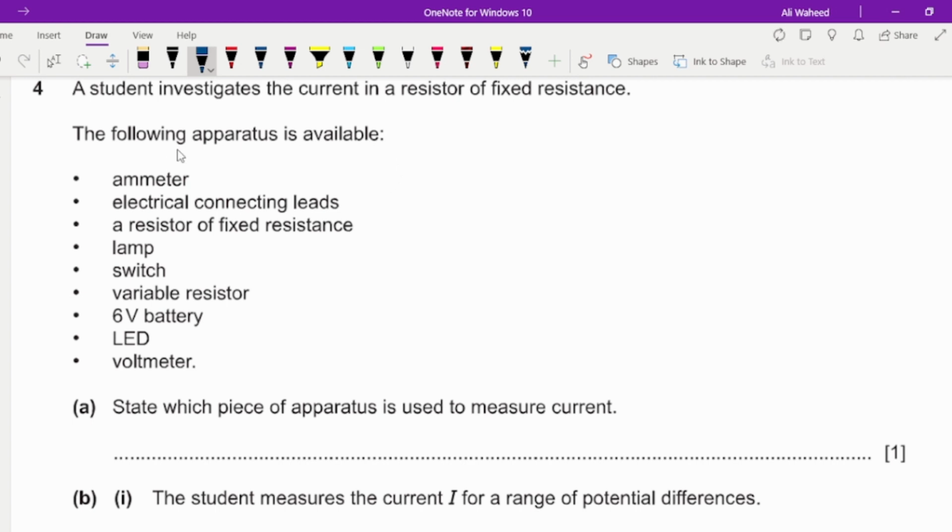This one is about circuits. The following apparatus is available: ammeter, electrical connecting leads (the wires), a resistor of fixed resistance, lamp, switch, variable resistor, 6-volt battery, LED, voltmeter. Okay, this is the apparatus that is available.